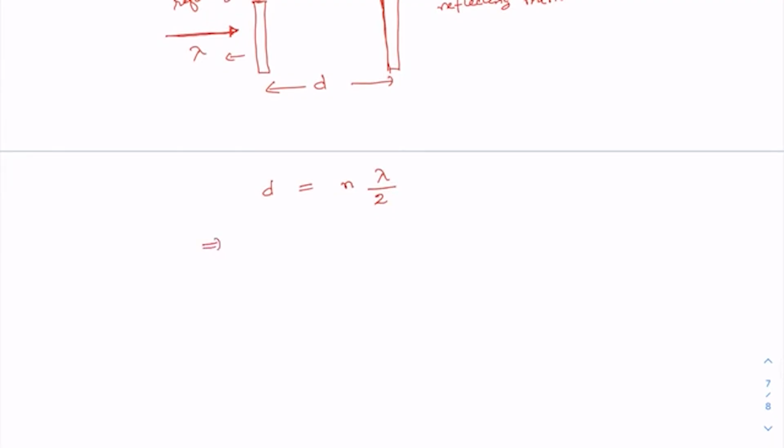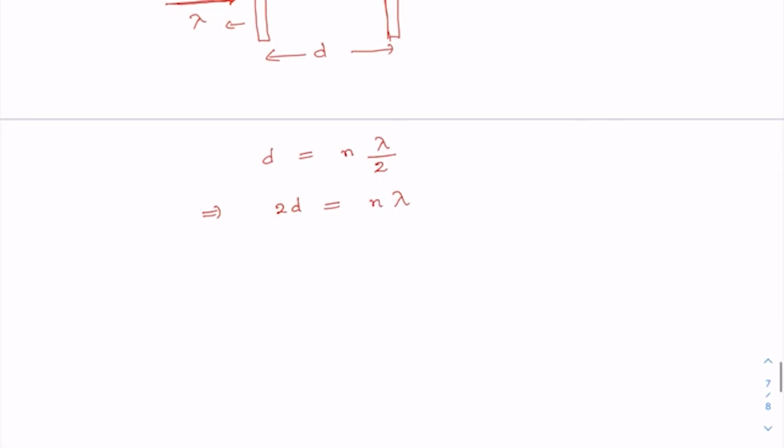That means it has to satisfy this condition: twice the cavity length equals an integer times lambda, and using this you can write the corresponding frequency. Only certain wavelengths or frequencies are allowed.